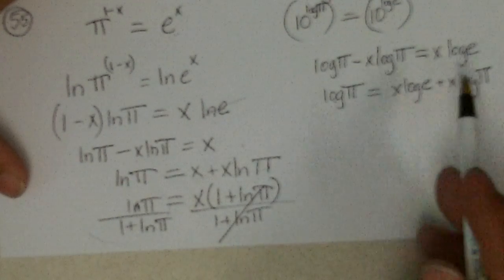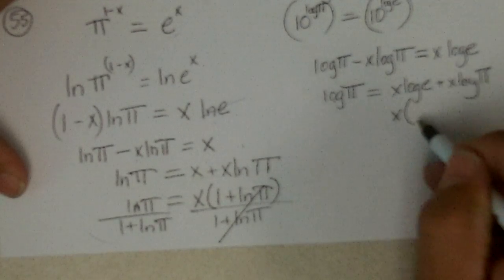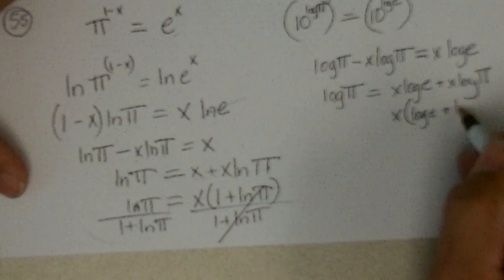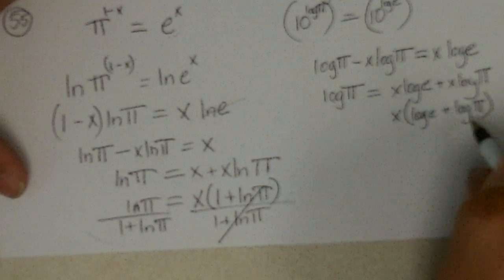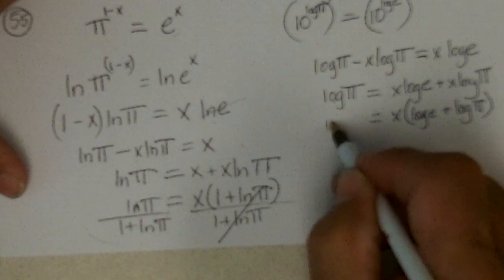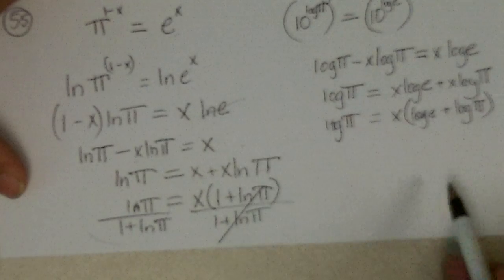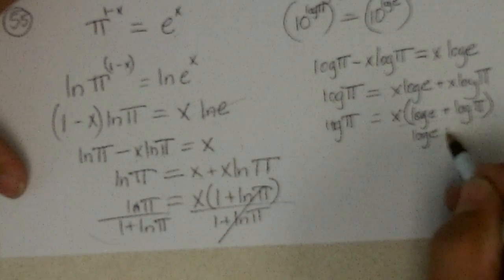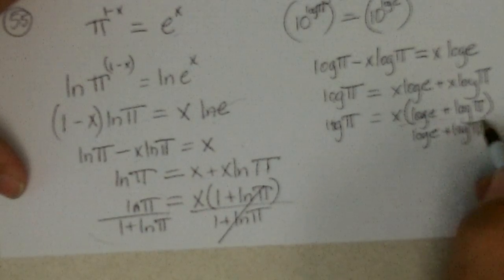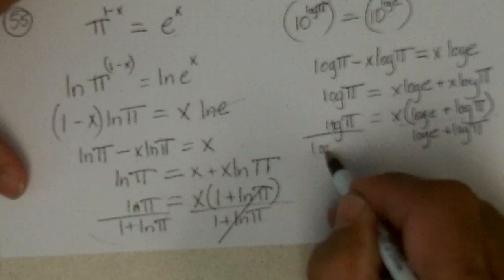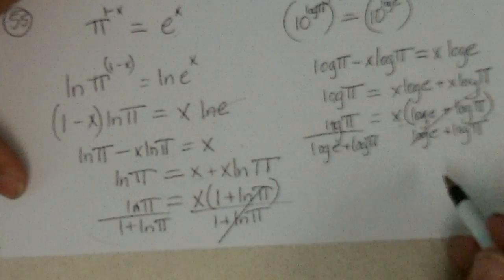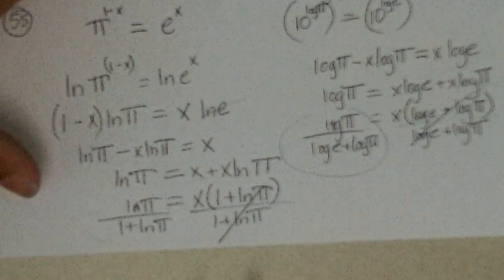I'll factor out the x, and then divide by this expression, log e plus log pi. And that's what x will equal.